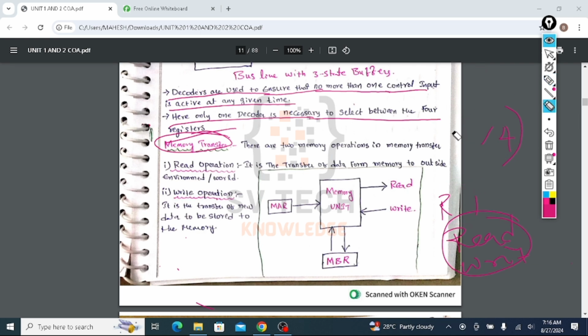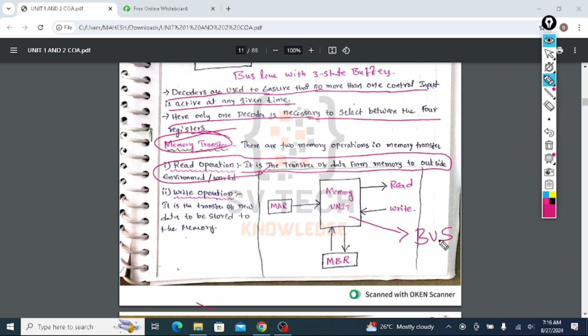Here we will discuss what is read and what is write. The read operation is the transfer of data from memory to the outside environment. Suppose you are sending data from memory to any bus or any register, then this is called a read operation.